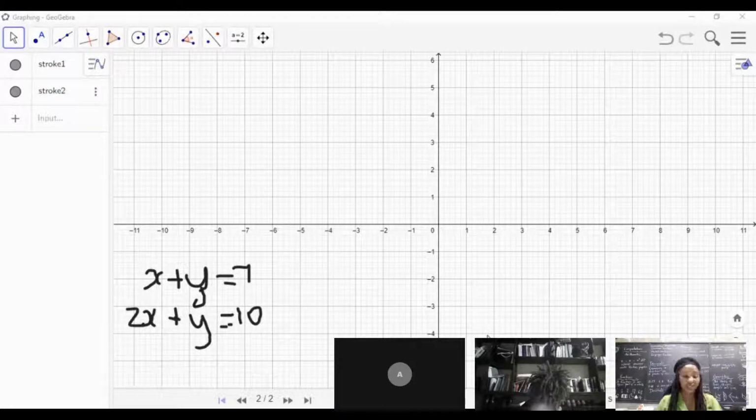So that's not what we're doing tonight, but I'm just throwing this out there because I know I've done this with my students already, and I want to show them that the solutions that they get from any one of these methods will be the same solutions that they get using the graphical method.